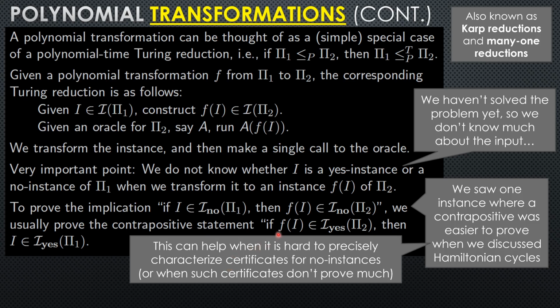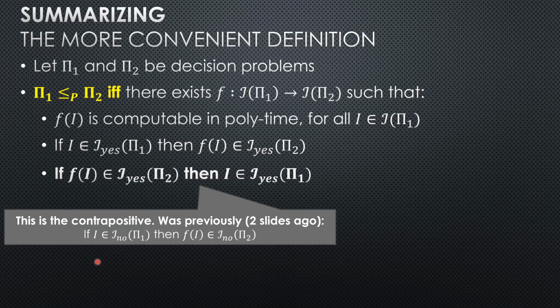So if you're trying to prove if f of I is a yes instance, then blah. Well, in the if part, under your assumptions as part of this proof, you know f of I is a yes instance, which means the oracle would return a yes certificate, and you know a lot about that yes certificate. So you can prove that there would be a yes certificate in the untransformed input to find, for example. If any of this is still confusing, don't worry too much. I think it'll become clear when we talk about some examples.